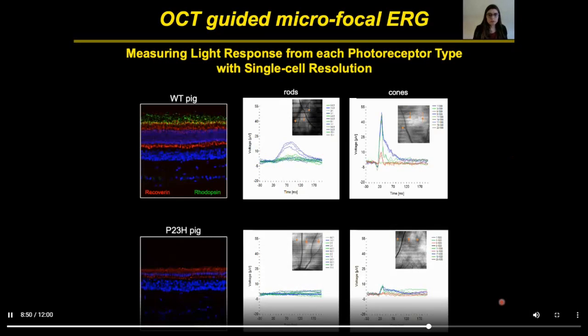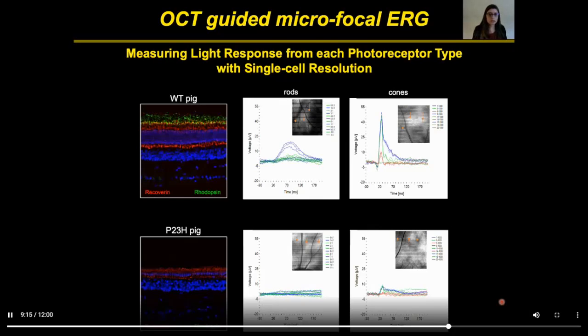And we further validated the specificity and sensitivity of the system by evaluating individual rod and cone responses in the P23 transgenic pig, which is a pig model of retinitis pigmentosa. So similar to patients with retinitis pigmentosa, these pigs develop retinal degeneration with initial loss of rods followed by degeneration of cones.